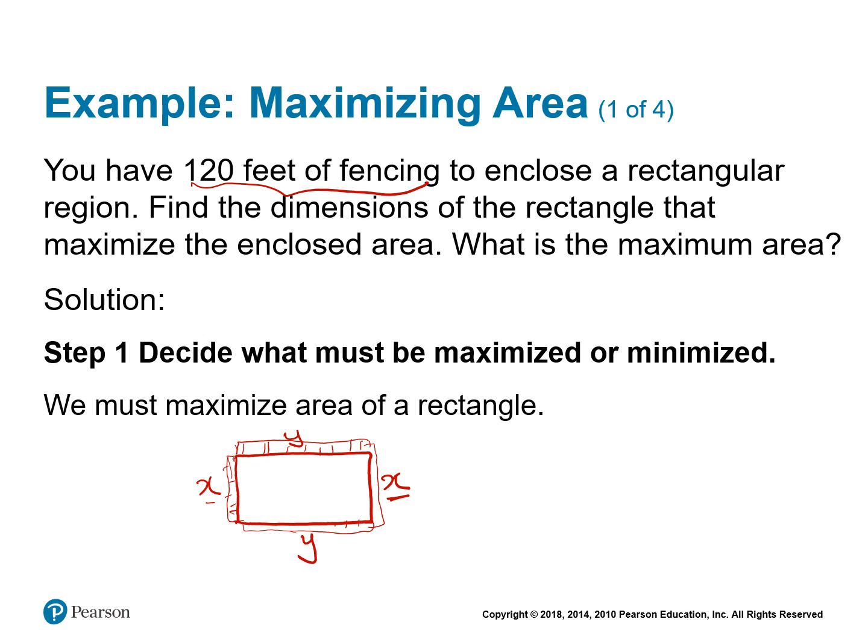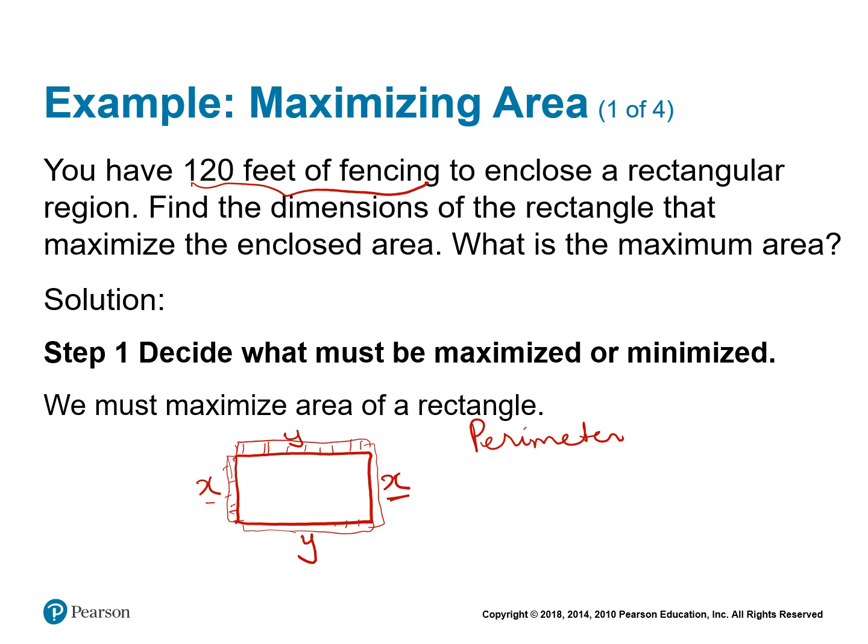That means the fencing material of 120 feet will go around the plot, which is also called the perimeter of the rectangle.